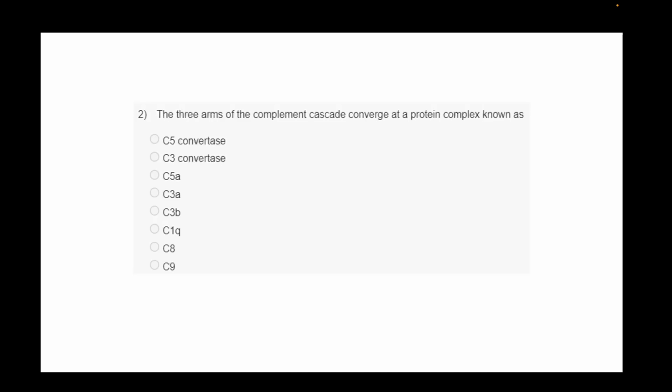Which of the three complement pathways converge at which of these protein complexes?